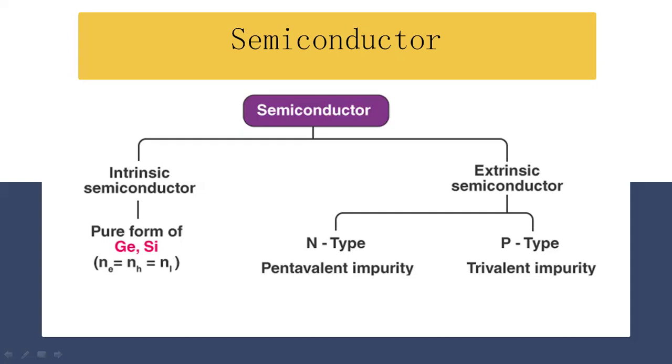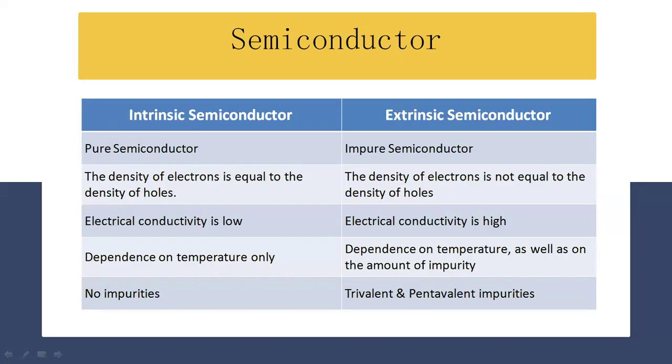We can also differentiate intrinsic and extrinsic semiconductors based on these parameters. Intrinsic semiconductors are the pure form of semiconductor, whereas extrinsic semiconductors are impure. The density of electrons is equal to the density of holes in an intrinsic semiconductor, whereas the densities of electrons and holes are not equal in an extrinsic semiconductor.